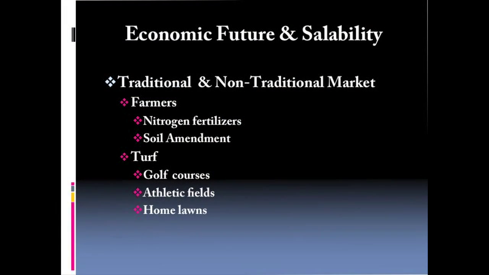Economic feature and salability. So we're trying to target the traditional and then the non-traditional market, and mostly it is about the farmers, because our future goal is to get fertilizer. And what we want is to be able to sell the fertilizer to the farmers.